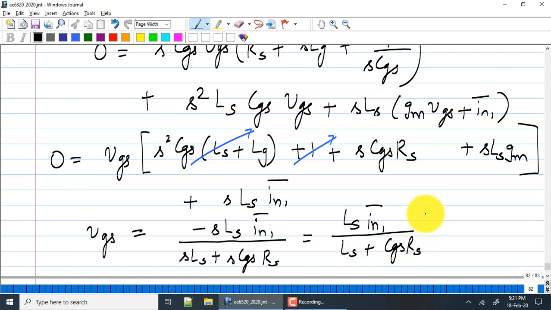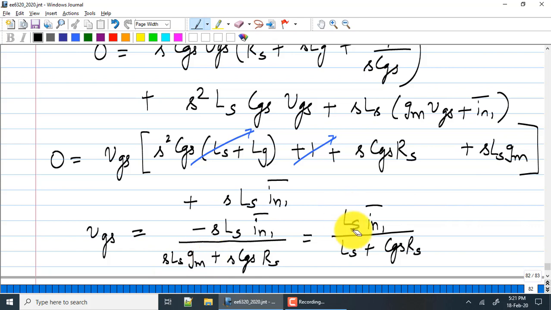Is this okay? Have I made any mistakes? SLS GM, that's what I thought. Okay. Because the dimensions were not working out correctly. SLS into GM. Yes. Is okay?